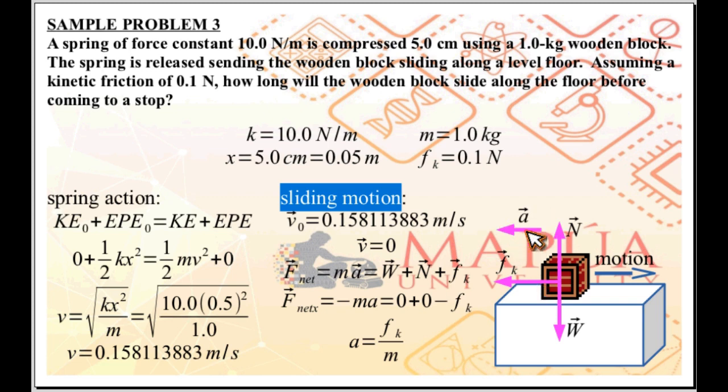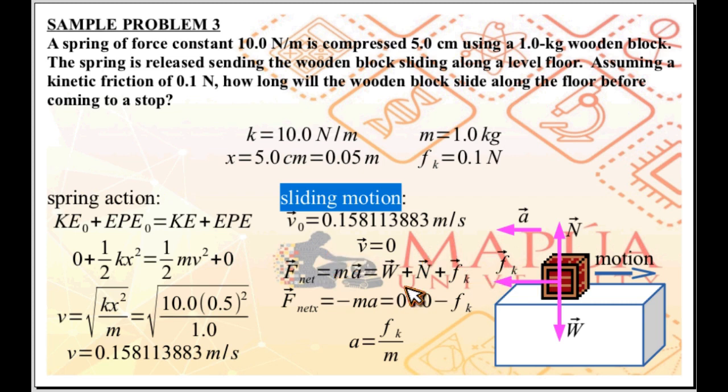The acceleration is opposite in direction to the motion. Since there is acceleration, F net is equal to ma. We have an accelerating system. F net is the summation of the forces acting on the system. Therefore, F net is equal to weight plus normal force plus friction.